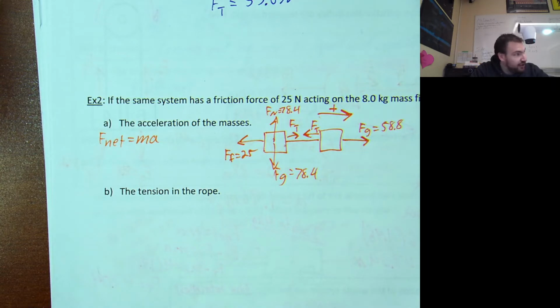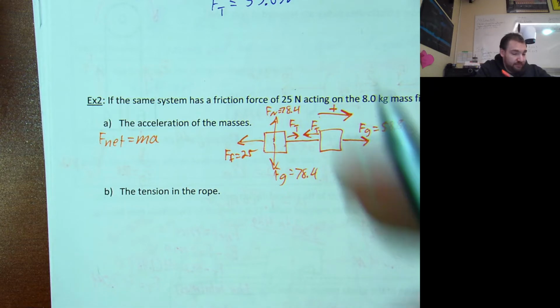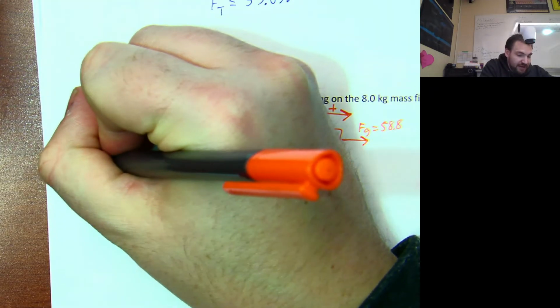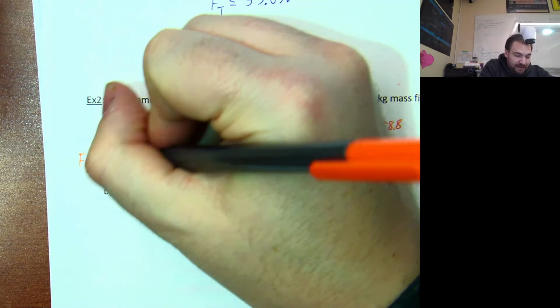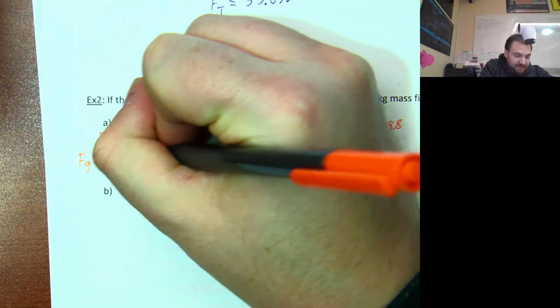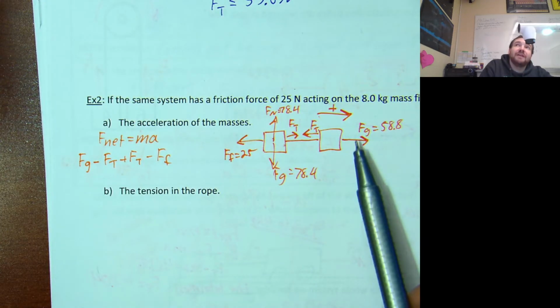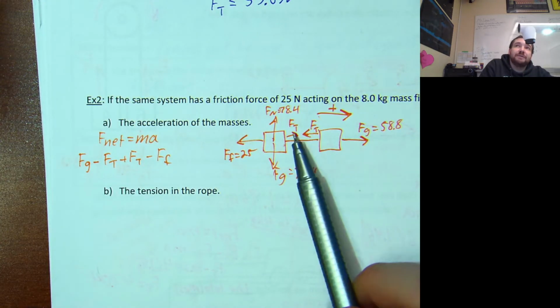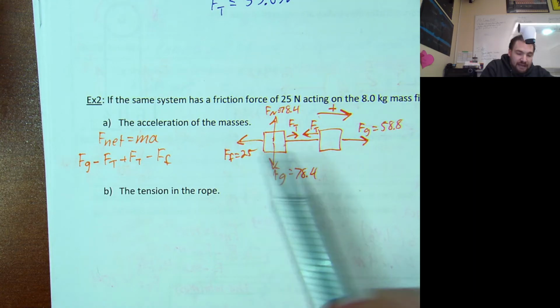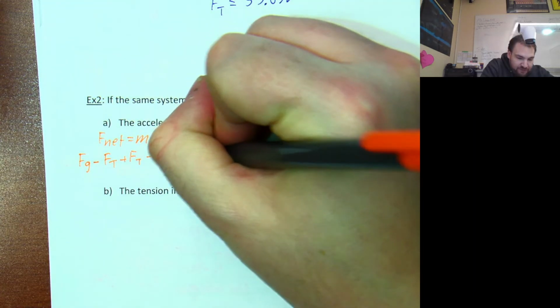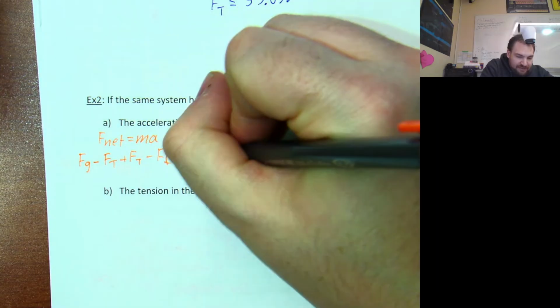But I'm not adding friction, I'm subtracting friction because it's acting to the left. So it's going to be Fg minus Ft plus Ft minus force of friction. I'm just going in order here from right to left. Fg is acting positively, that one's negative, that one's positive, that one's negative. And that's going to equal my total mass, which I'm just going to call m big T, times A.